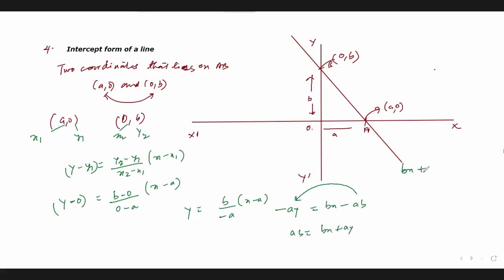So I am getting bx plus ay is equal to ab. If I divide both sides by ab, what will happen? This b and b get cancelled, a cancels, this cancels. What is left? x by a plus y by b equals 1. Where a is the x-intercept.